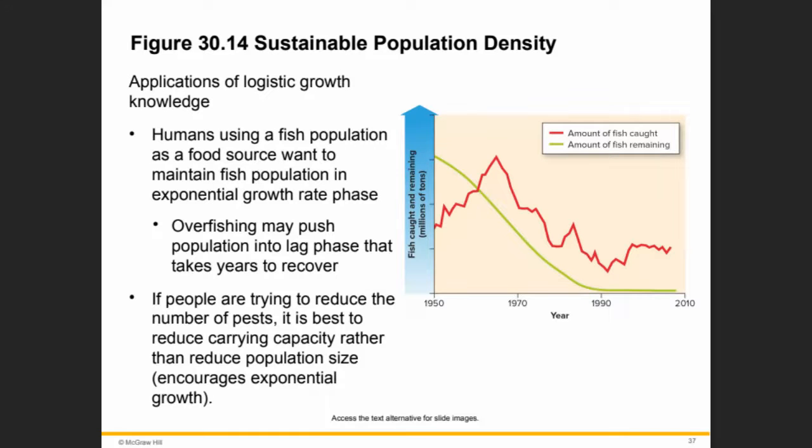The human is using a fish population as a food source and wants to maintain this fish population in the exponential growth rate phase. Overfishing may push the population into lag phase that takes years to recover.